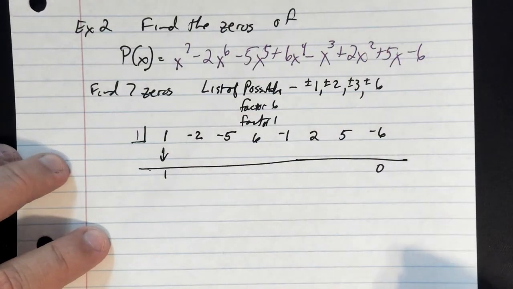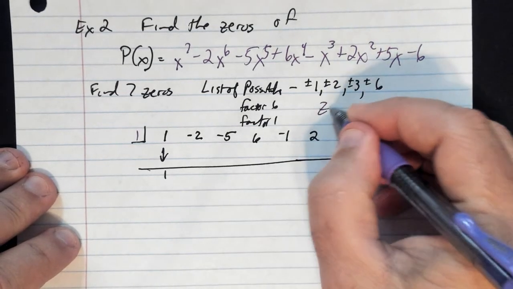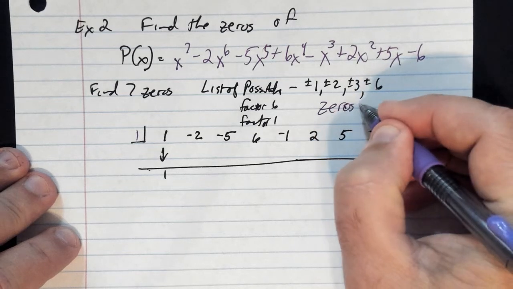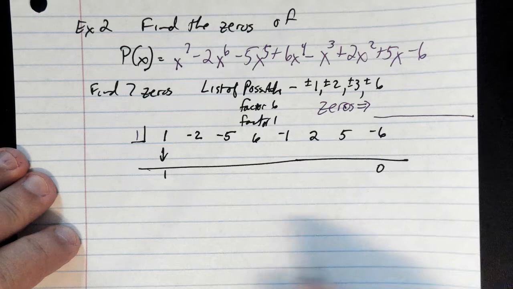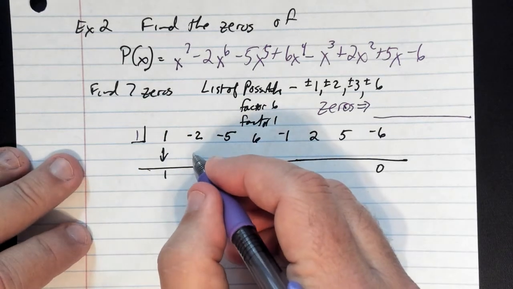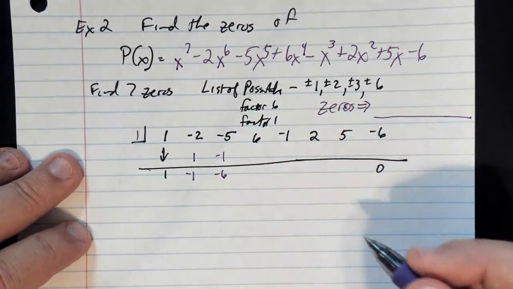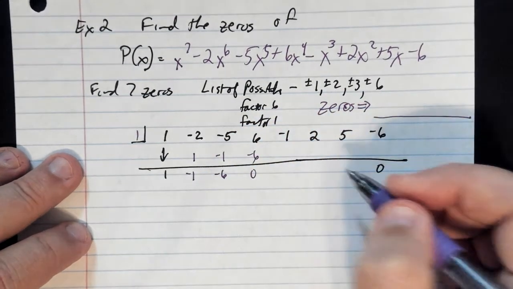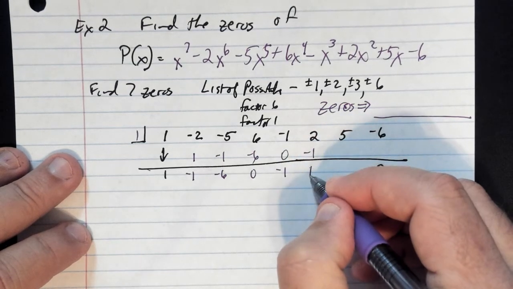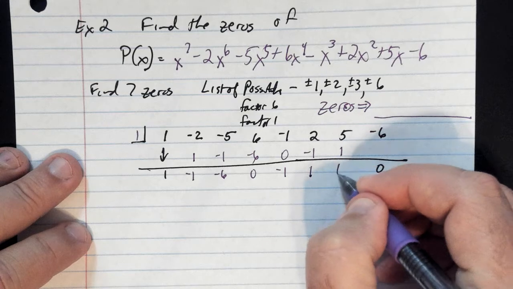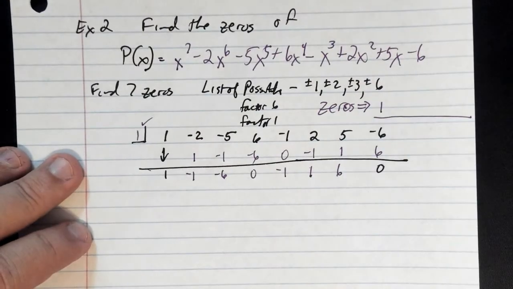This is where I'm going to put my zeros, and I need 7 of them. So we throw a 1 in. 1 is a 1, this will be a -1, -6, 0, then -1, 1, 6, 0. So 1 is a 0.